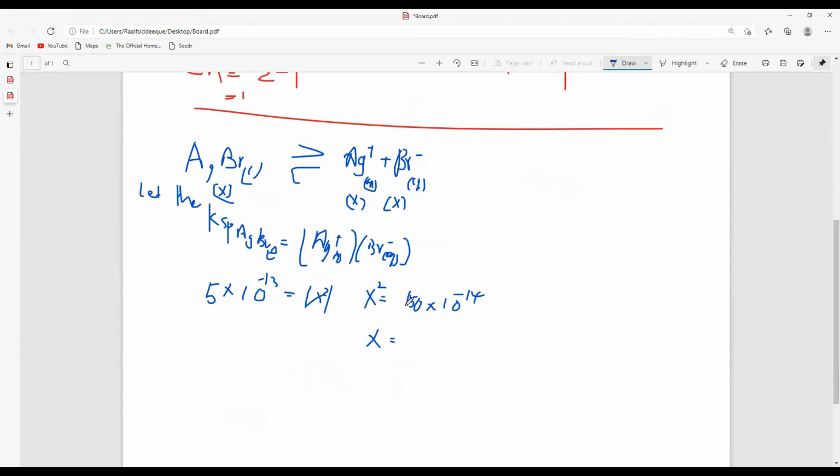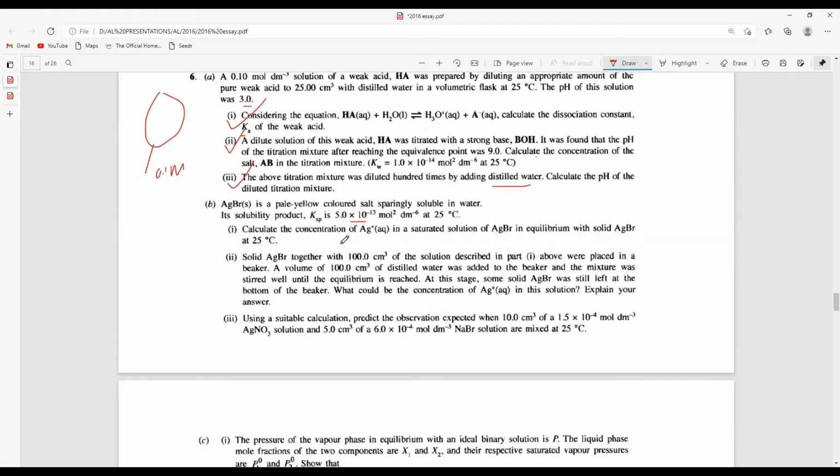So the root of 50 is roughly, since 7 squared is 49, maybe 7.1, times 10 to the power minus 7 mol dm^-3. So this is the solubility of AgBr according to this calculation. Okay, so this is a first principle: when you are given the Ksp, how to calculate solubility. So this is straightforward.